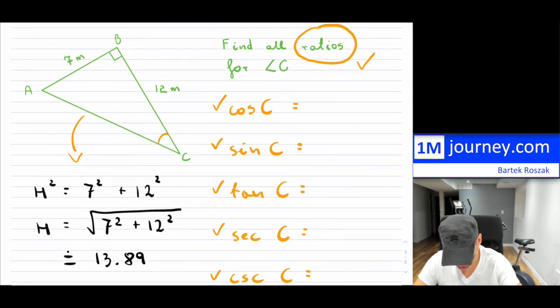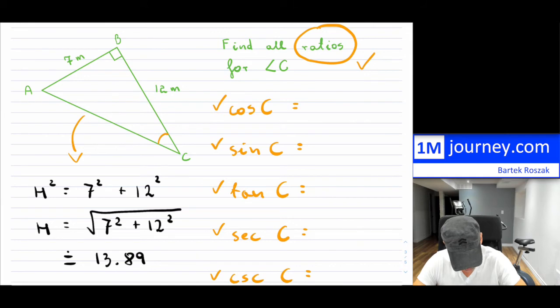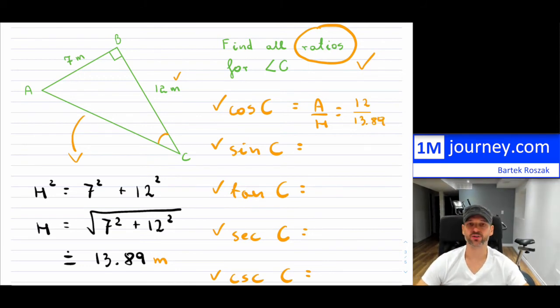And if we want to write what all the different ratios are, let's do it. Cos is adjacent over hypotenuse. So what is the adjacent? The adjacent is 12. These are m, so it must be in meters. So adjacent is 12 all over 13.89, and that is that ratio.